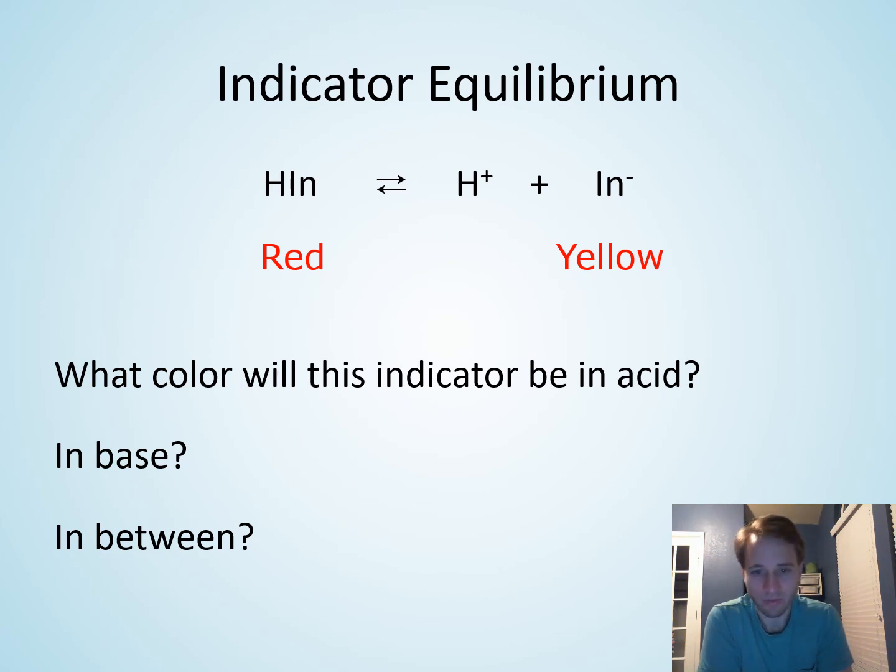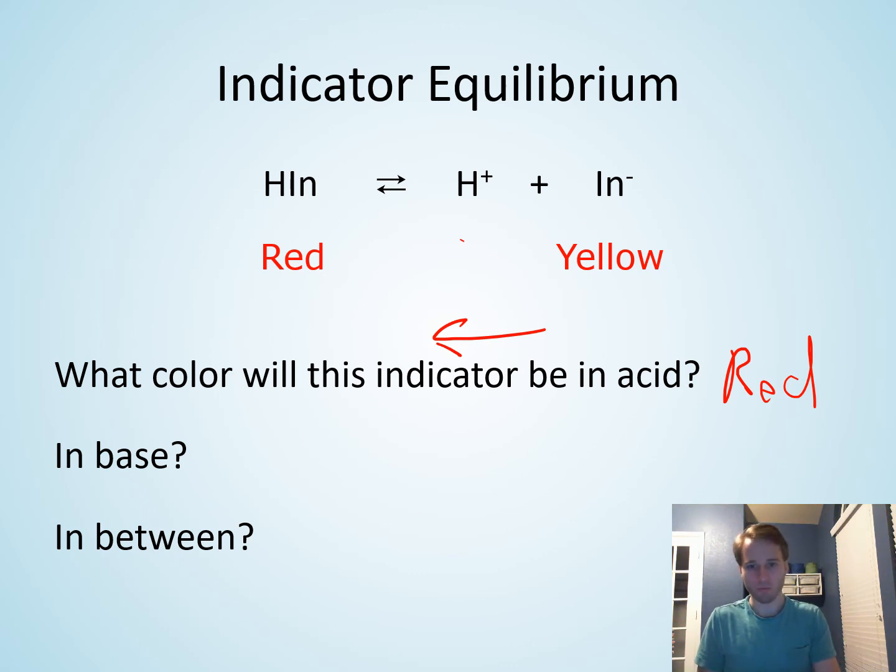So in an acidic solution, what would the color be? Well, in an acidic solution, I have a bunch of H+, so I've effectively added a bunch of protons. That's going to shift the equilibrium to the left, and so this is going to be red in acidic solution. In basic solution, it's the opposite.